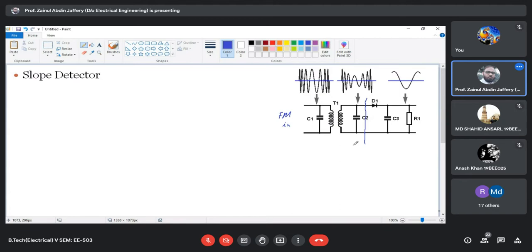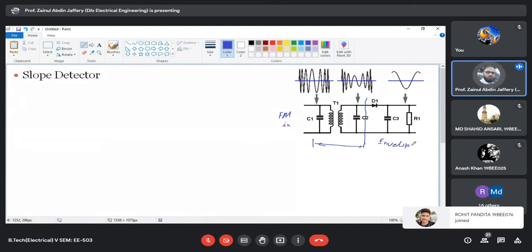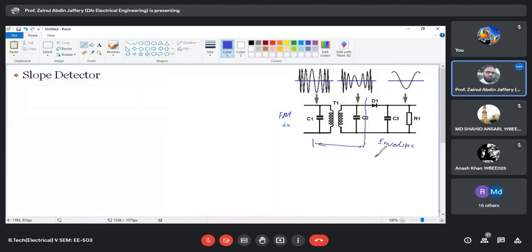This is one circuit and this is another circuit. This circuit is actually an envelope detector, if you remember, and this circuit is simply a tank circuit.